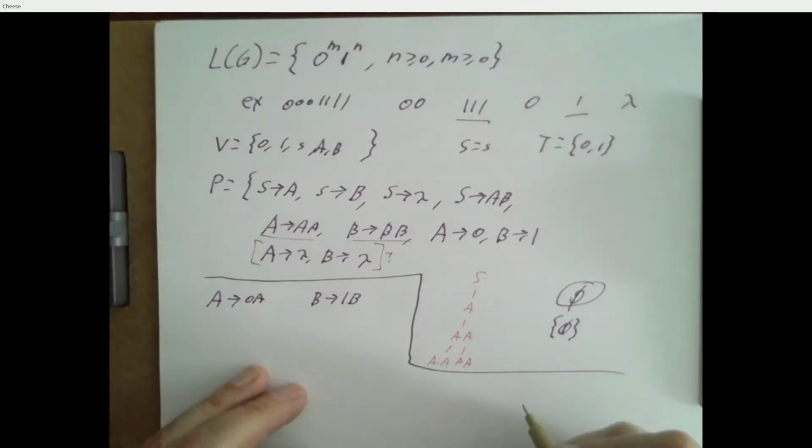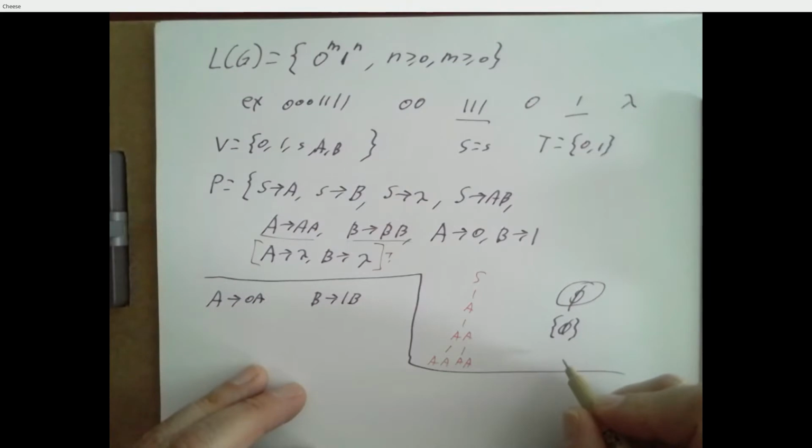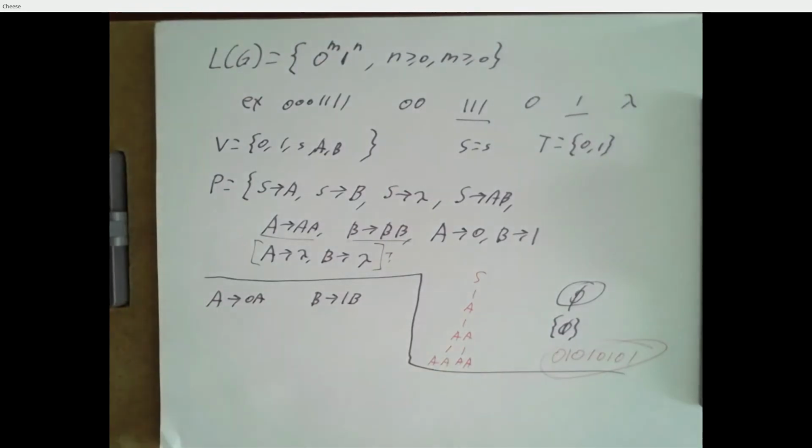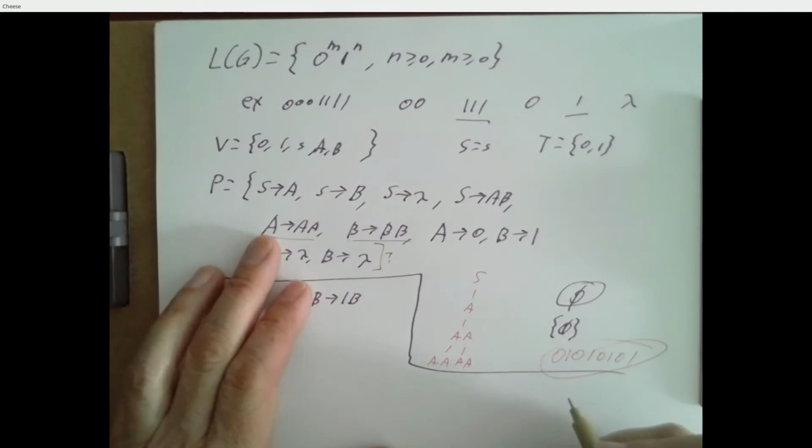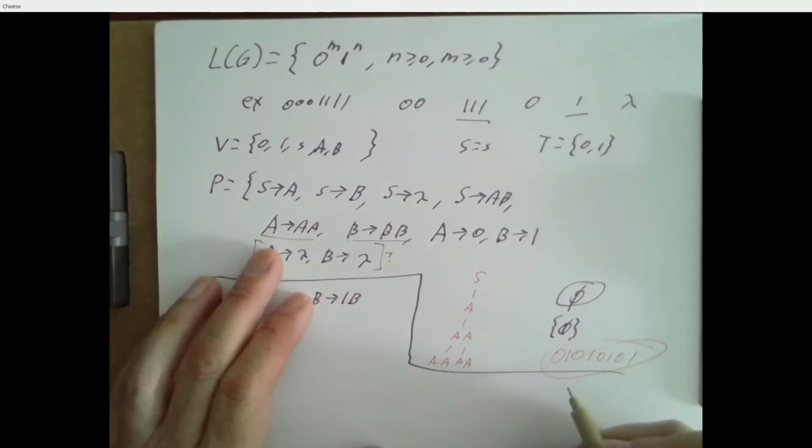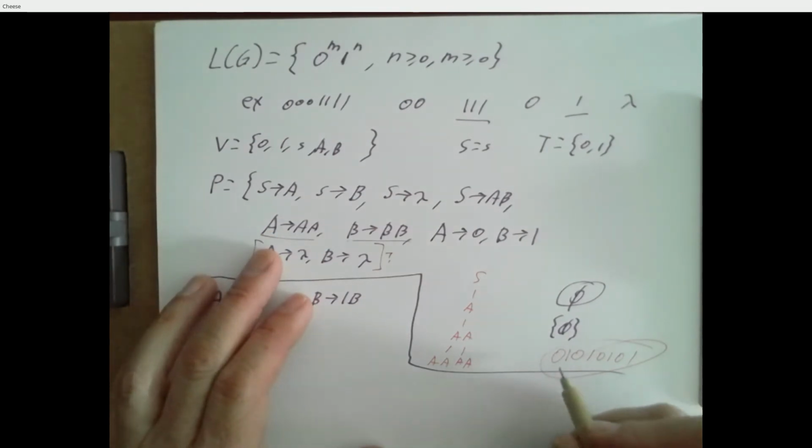Because if we have a string like, well, let's see. Suppose this is our string. And we want to know, is this recognized by our language? Well, we could start off with this string.